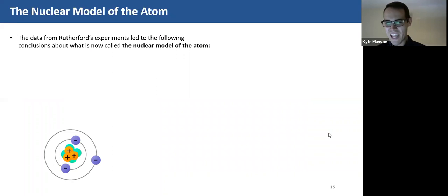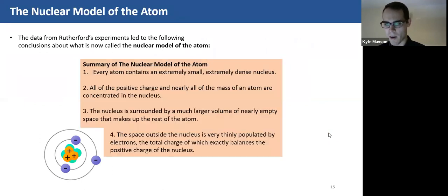The data from Rutherford's experiment led to the following conclusions that are now called the nuclear model of the atom. Here's a summary of that model. Every atom contains an extremely small, extremely dense nucleus. That was the thing that the alpha particles were scattering off of. All of the positive charge and nearly all of the mass of the atom are concentrated in the nucleus.